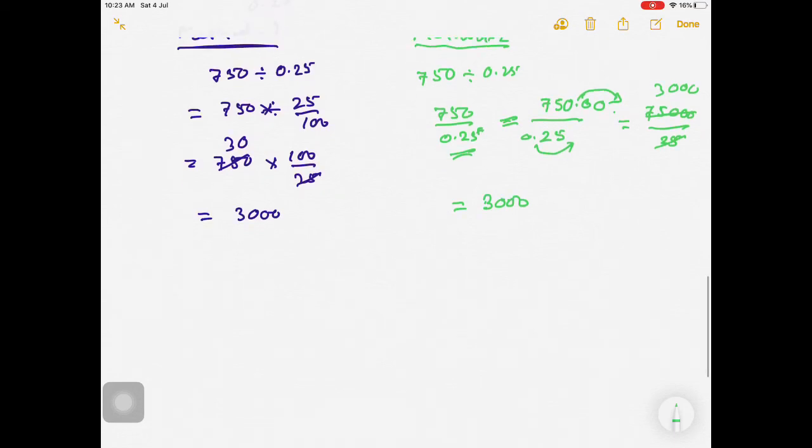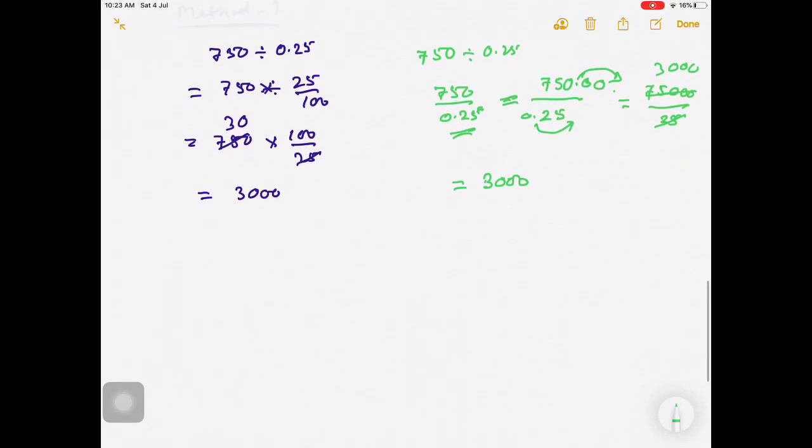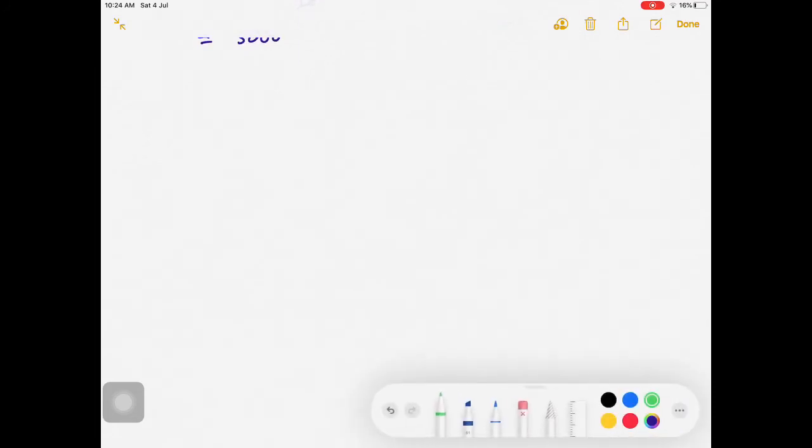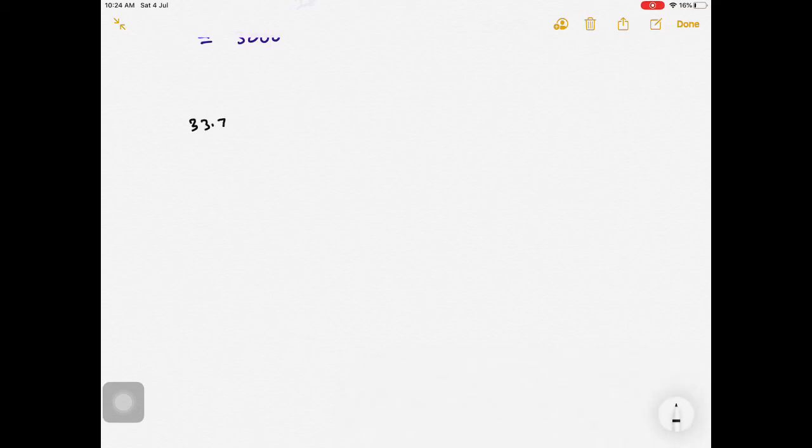Okay. Now let us take one more example like this. Suppose we want to divide 33.725 by 0.25. Okay.